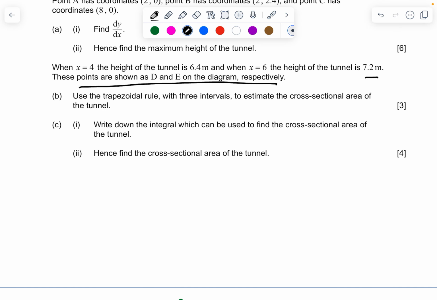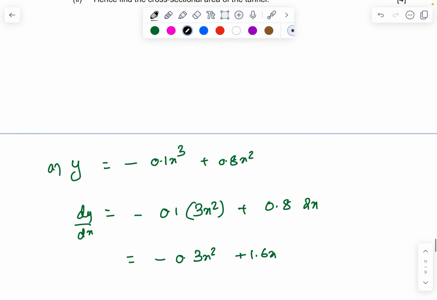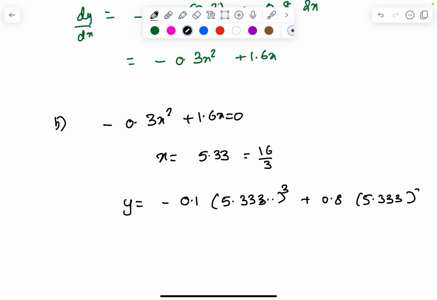Now the maximum height: minus 0.1 times 5.33333 whole cube plus 0.8 times 5.333333 whole square. This should give you the answer as 7.59 meters.